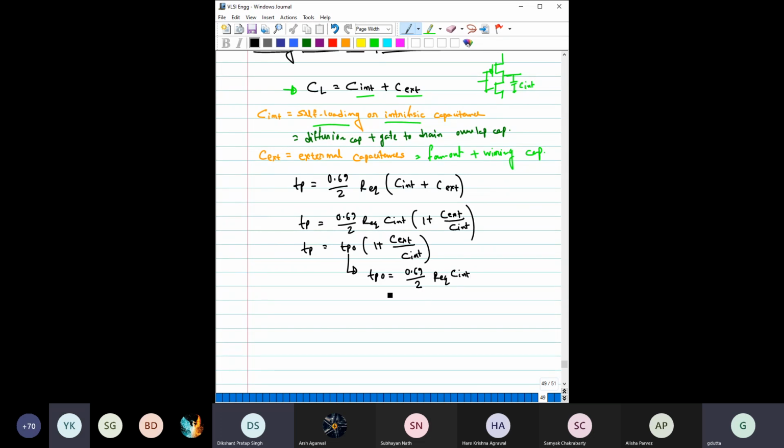So what is this TP naught? TP naught is also a delay, right? R equivalent is there, and C int is there. And C int is due to the intrinsic part, the self-loading part. So this TP naught is called the intrinsic delay or unloaded delay.